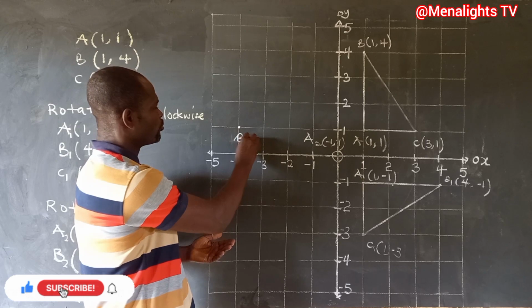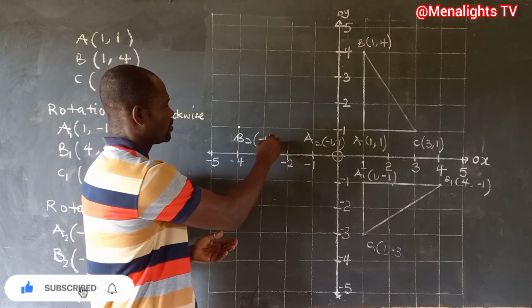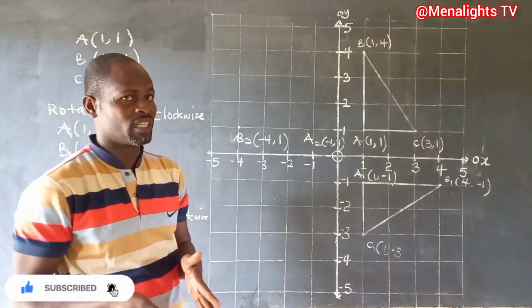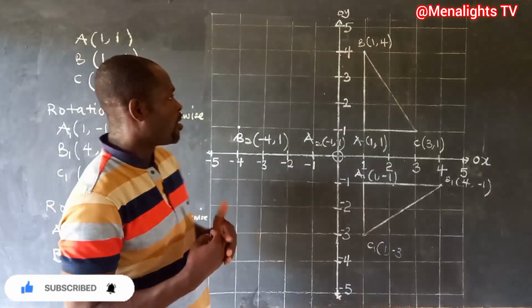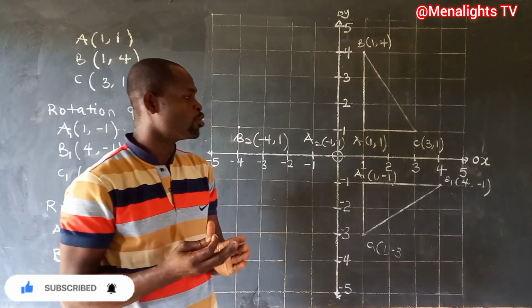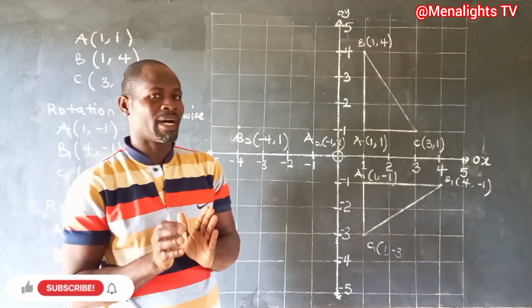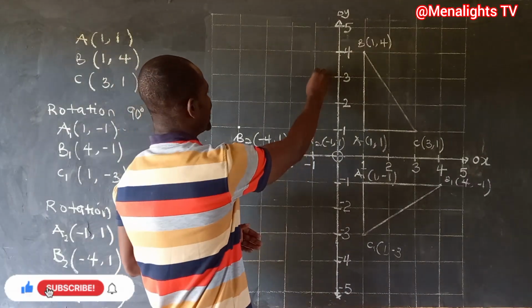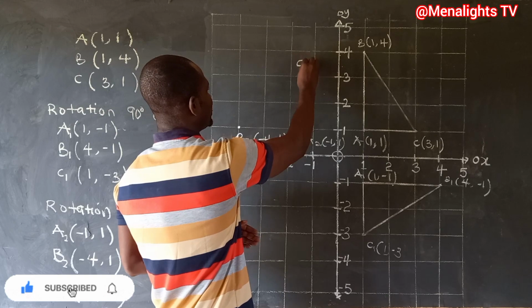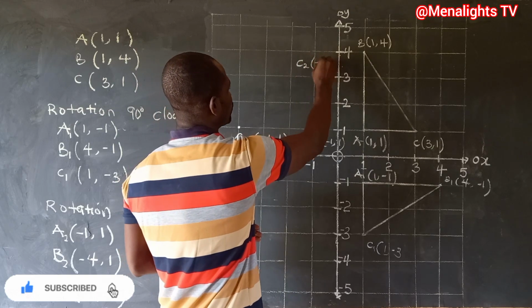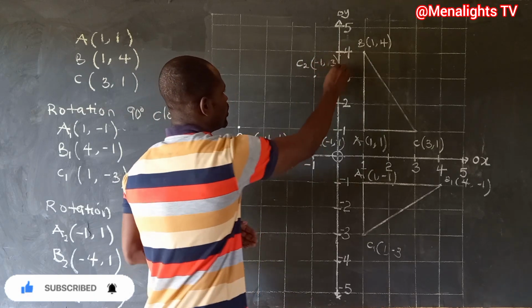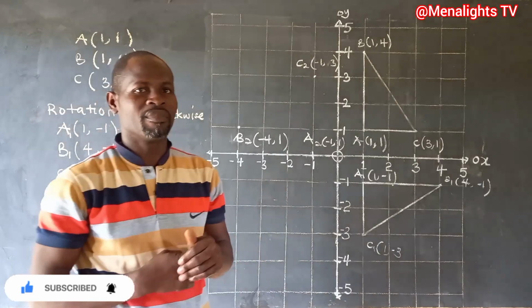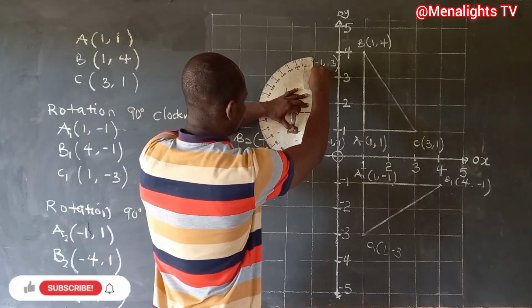That's our B2. Then our C2 is going to be -1, 3. So we have our -1, 3 here. That's our C2. So we now join to form a triangle.